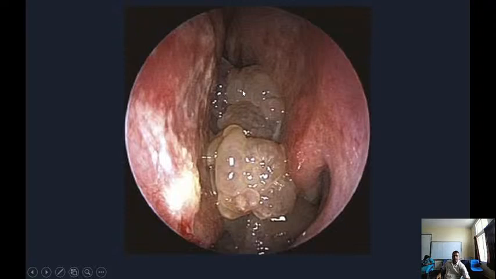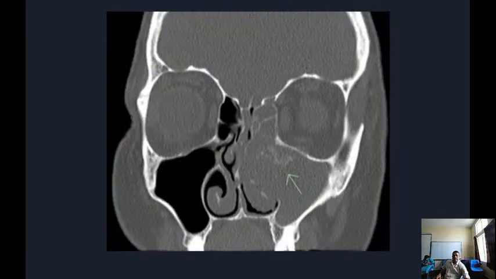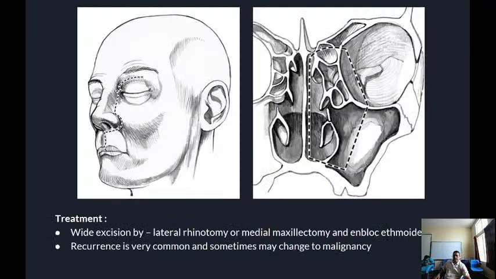See how it blocks the nasal cavity. And to make a diagnosis, it is usually radiological, and the confirmation of this tumor is by histopathological examination, which is called nasal punch biopsy and histopathological examination.